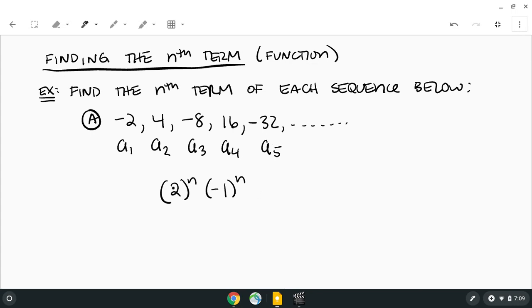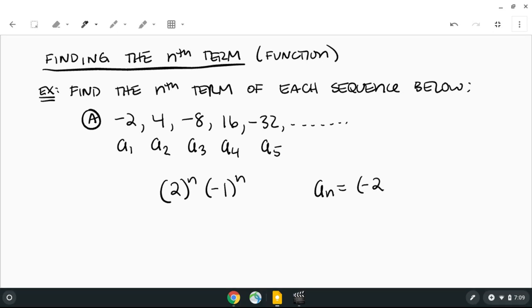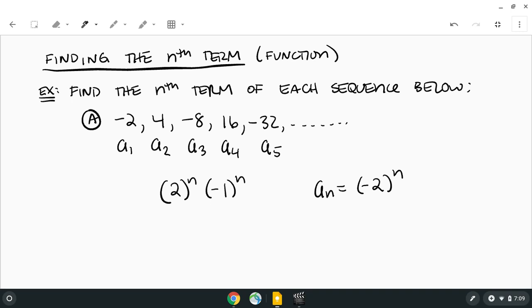So this gives us the sequence. Our function, or our nth term, is going to be 2 to the nth times -1 to the nth. But since they're both to the nth power, you can put them together and say (-2) to the nth power.